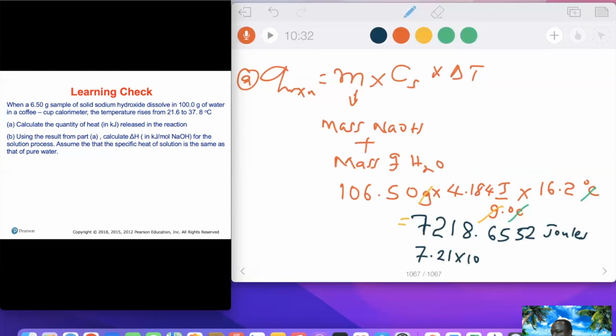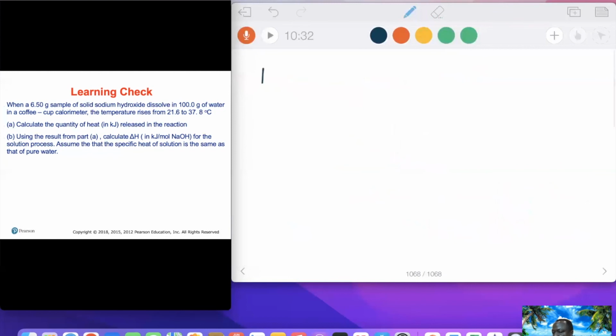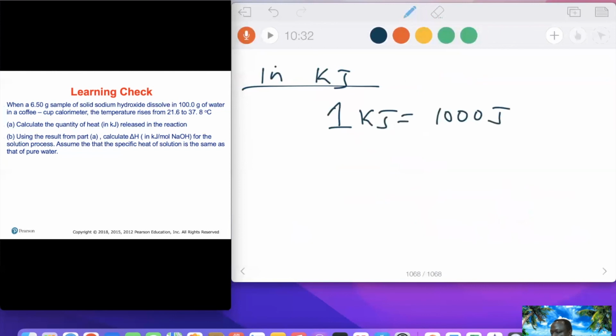I divide by 1,000. Somebody can ask, how did you end up there? It's in kilojoules. If you want to know how we ended up with that, 1 kilojoule equals 1,000 joules.